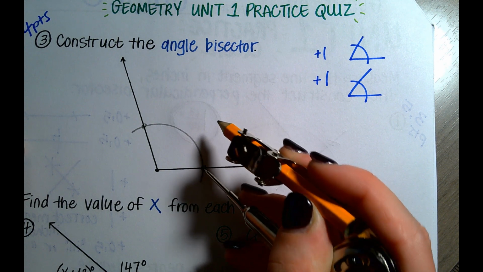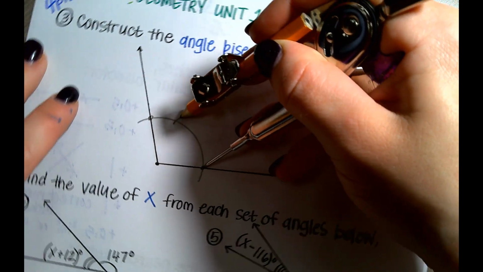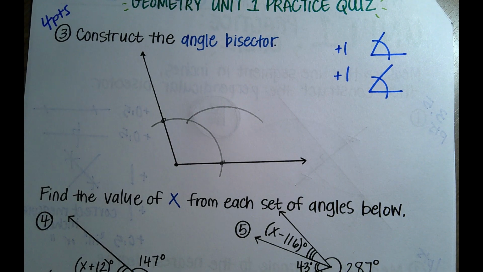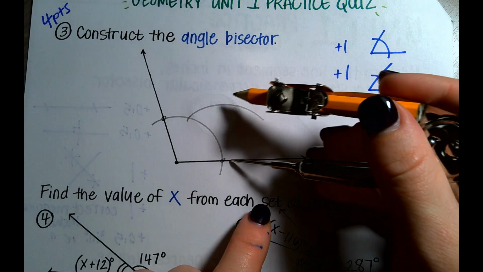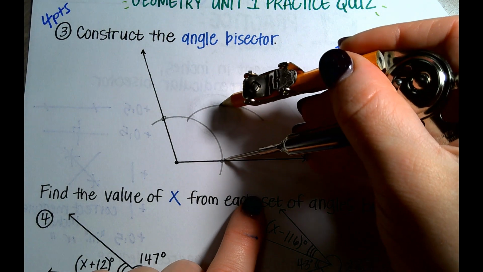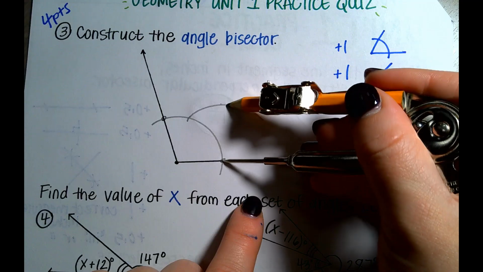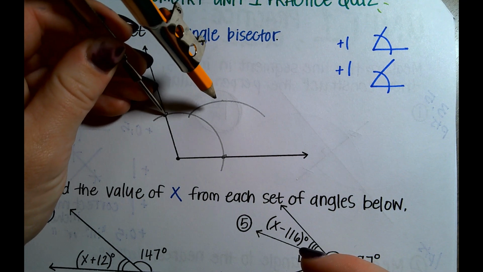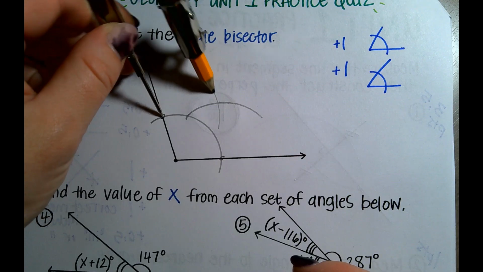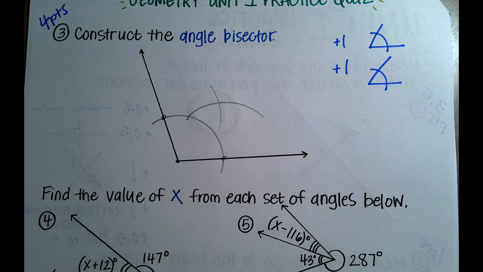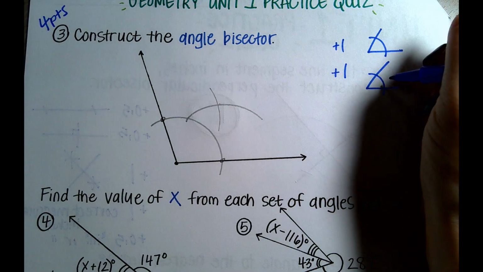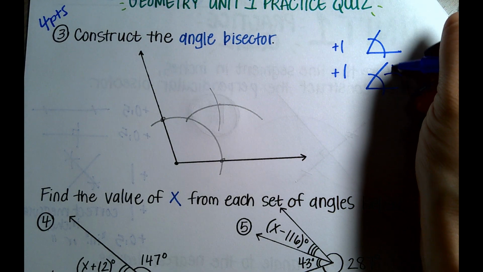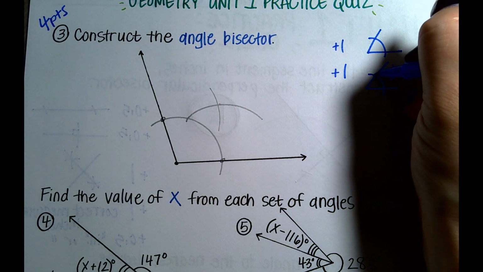Yes, inside the angle. We're trying to make another intersection inside. Okay, so I drew an arc, and I just need to do the same thing off the other intersection. So I'm just going to remeasure, make sure I've got it open the right size, put it over here, and cross it. So that's your next point, is for having this intersection right here.